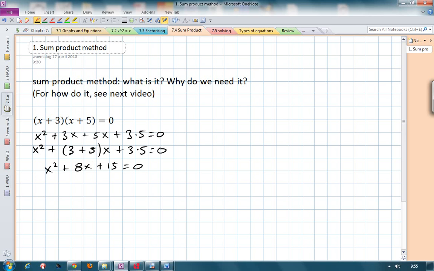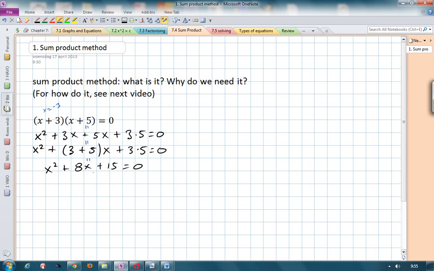Now, all of these things are equal to each other. All I've done is expand these brackets. I've multiplied out the brackets. So the equation that we have down below here, x squared plus 8x plus 15 equals 0, is equivalent to the equation I have up here. Yeah, the same solutions make it true. We see here that x equals minus 3 is a solution.